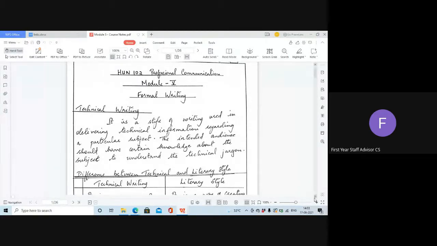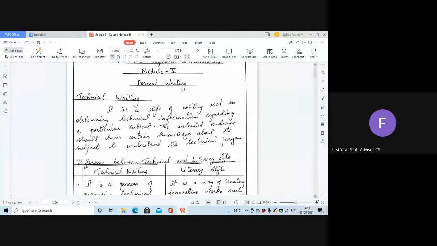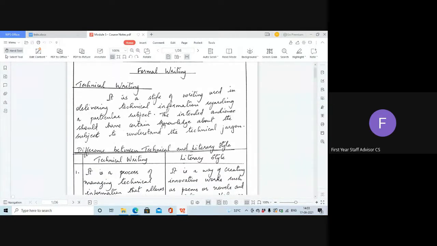So here, first of all, let us look at what technical writing is. Technical writing is a style of writing. There are different styles of writing, and one style is technical writing. It is used in delivering technical information. The typical example of technical writing is the technical manuals that come with your electronic devices.